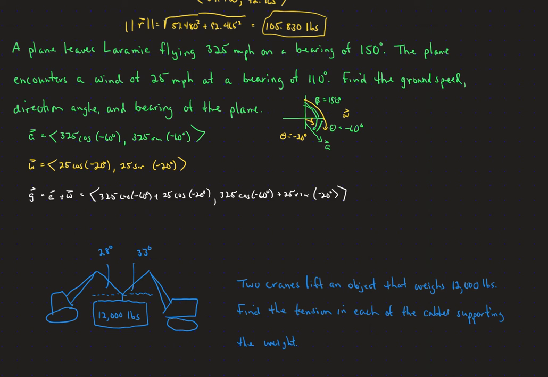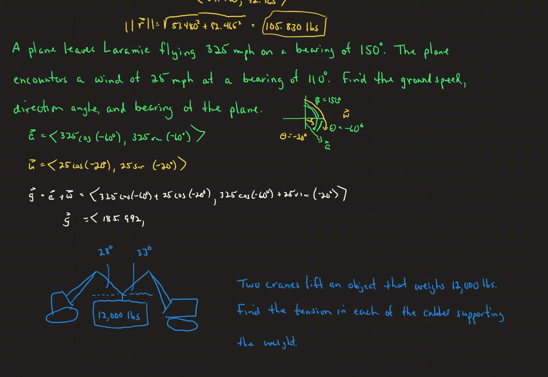So let's see, that is going to give us on our calculator, I got 325 cosine of negative 60 plus 25 cosine of negative 20, and that looks like 185.992.